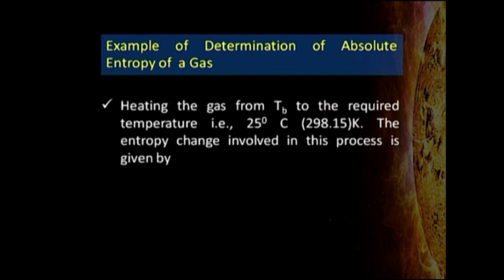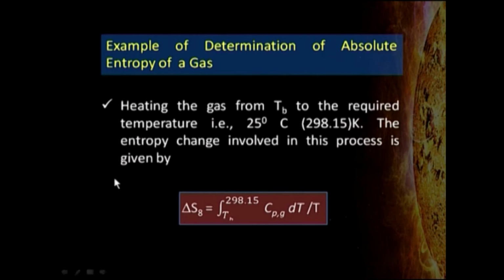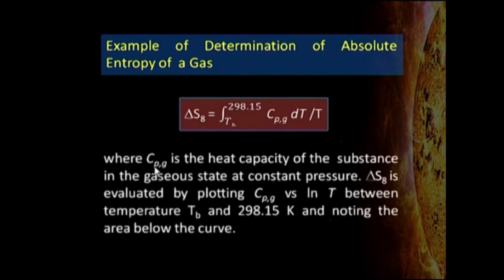The entropy change involved in this process is given as delta S8, which is equal to integral of Cpg divided by T dT within the limits Tb and 298.15 Kelvin, where Cpg is the heat capacity of the substance in the gaseous state at constant pressure.